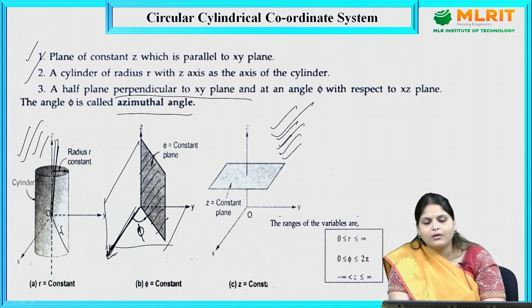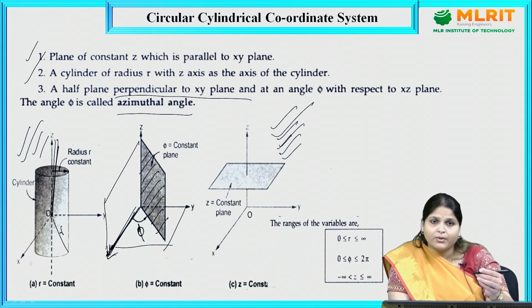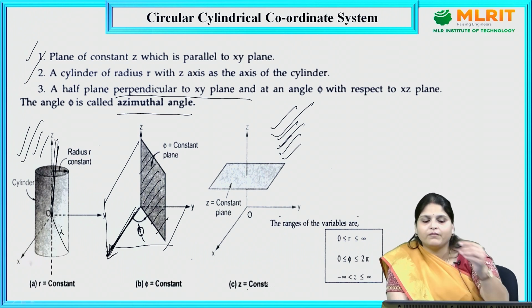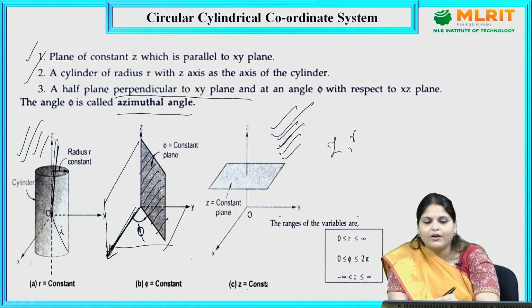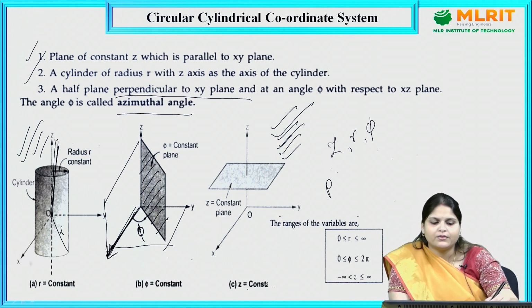And if we talk about the ranges for the coordinates, first we should know the coordinates. We need r, phi and z. When I want to locate some point P, the coordinates would be r, phi and z.